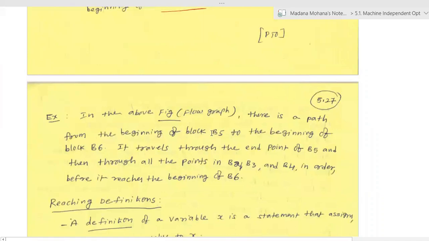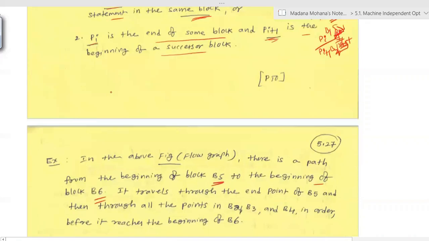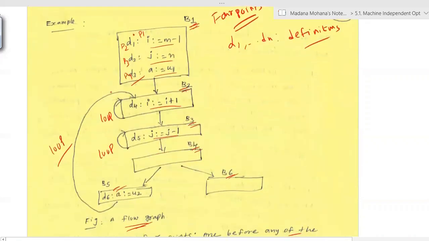In the above flow graph, there is a path from the beginning of block B5 to the beginning of block B6. Let us go back and check. Suppose you start from B1, B2 and so on to B6, through B1, B2, B3, B4, B5.